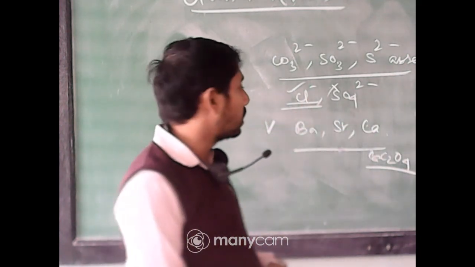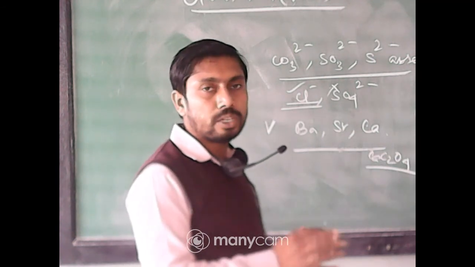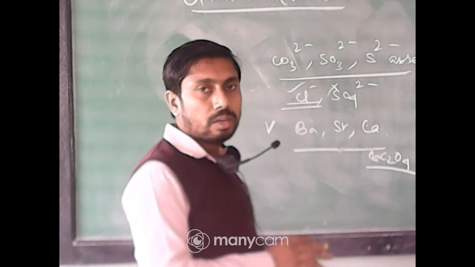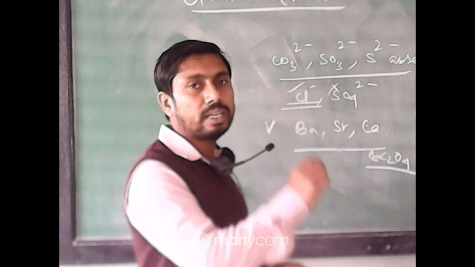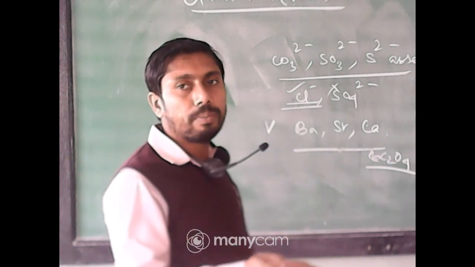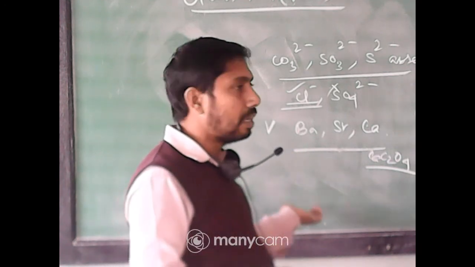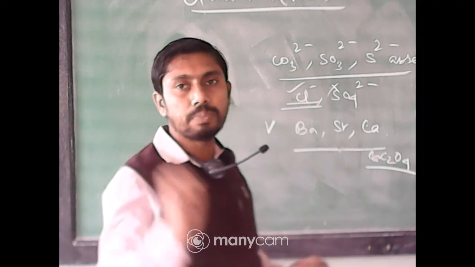You must present it. And then you will move to the systematic group analysis. Group 1 absent, group 2 absent, group 3 absent, group 4 absent. But in the experiment column you will indicate the reagent. After that, when you reach group 5, add this reagent, and a white precipitate comes. So group 5 is present.